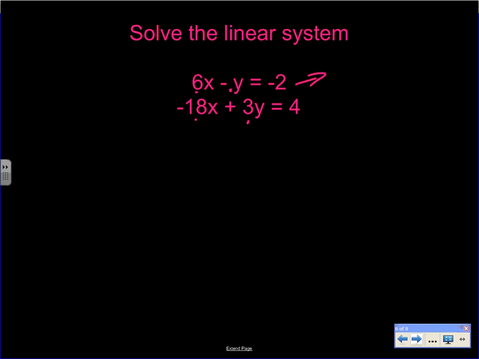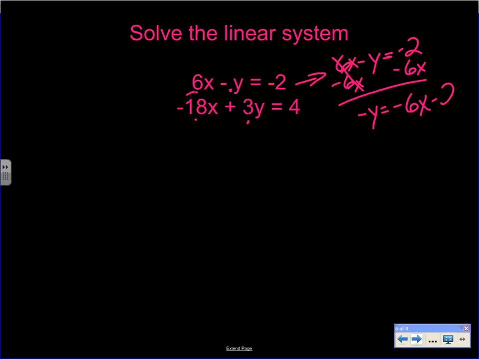So how do we do this? Let's go ahead and rewrite it over here. 6x minus y is equal to -2. Subtract 6x from both sides. So we're left with -y is equal to -6x minus 2. And how do we get rid of that -y?